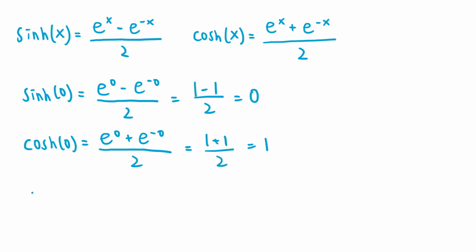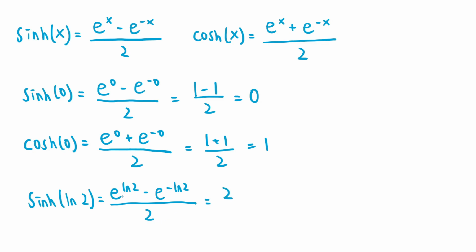If we have something like sinh of ln of 2, that's just equal to e to the power of ln 2 minus e to the negative ln 2 all divided by 2. So the first term in the numerator is just 2, since the exponential and logarithm cancel out. And for the second term, we can rewrite e to the power of negative ln 2 as e to the power of ln of 1/2 using logarithm rules, and all of this is divided by 2.